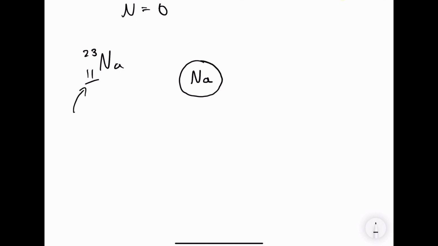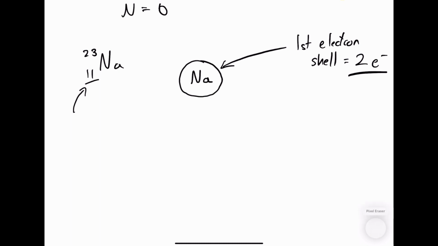Well, it has 11 electrons, and the first electron shell can hold a maximum of 2 electrons. That's the maximum. So let's fill those in. 1 and 2. Now, of course, there are 11 electrons in total, so we've only drawn 2, which means we have 9 left.